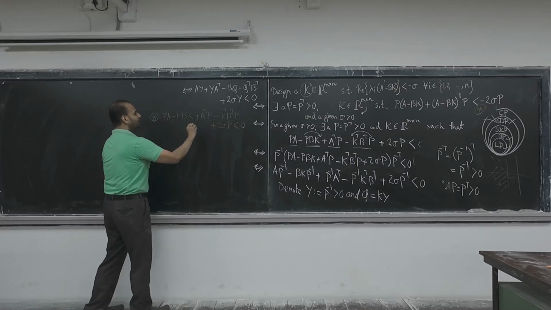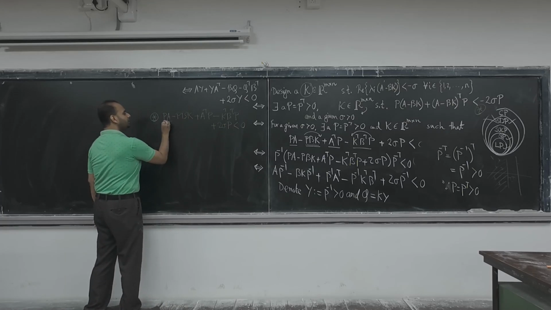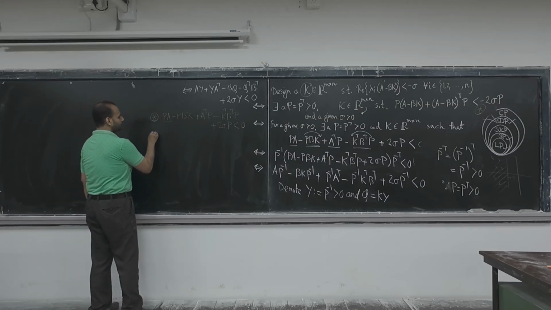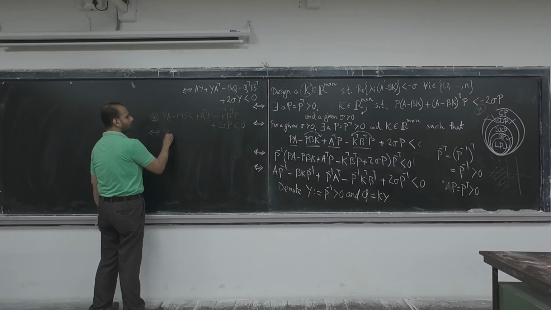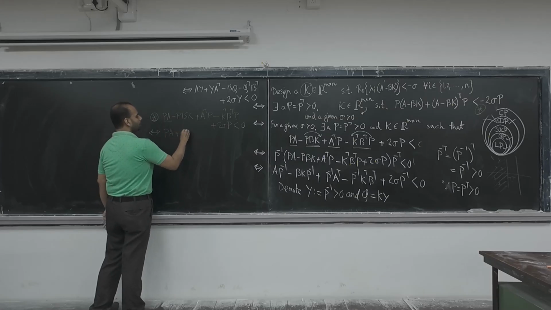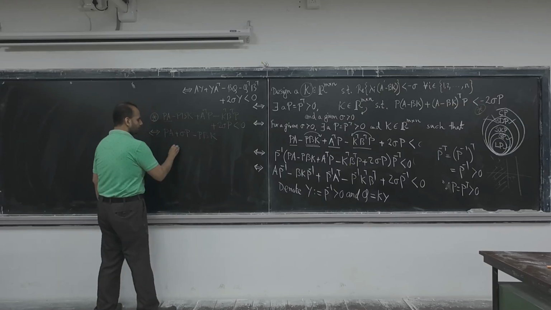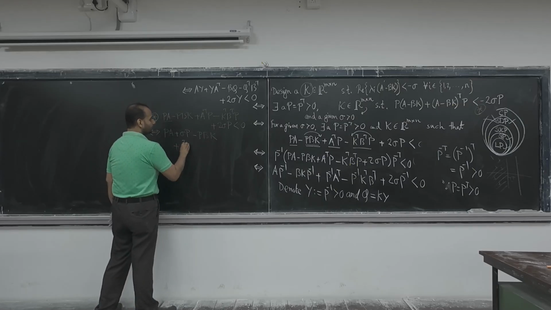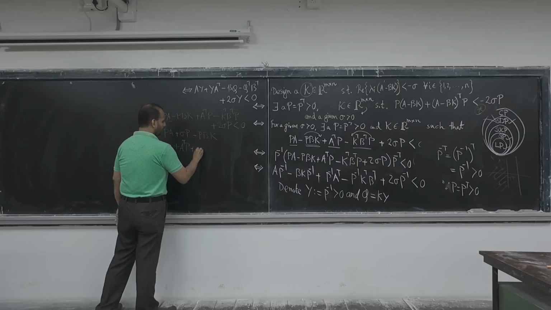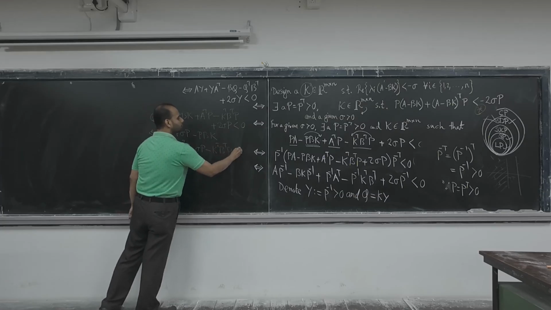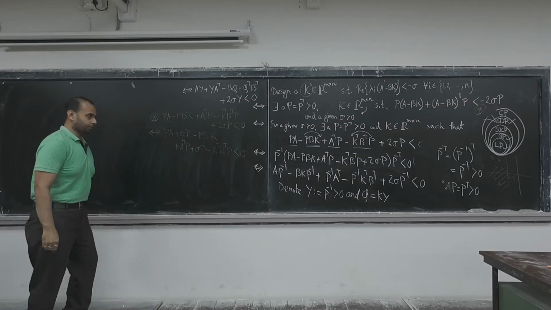Okay. Then you take sigma P with each of PA plus A transpose P. What I am writing is PA plus sigma P minus PBK, then A transpose P plus again sigma P minus A transpose K transpose B transpose P less than 0, right?